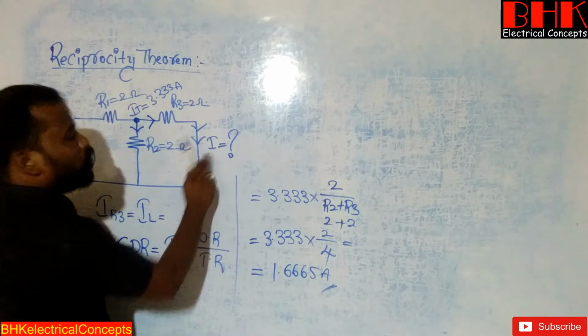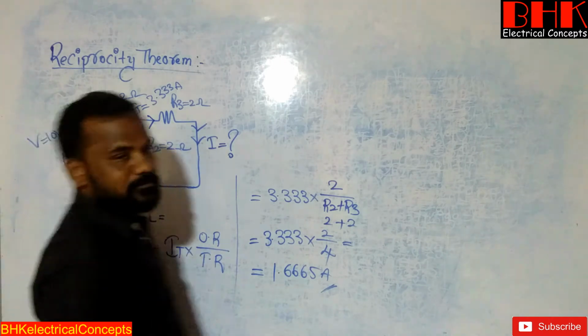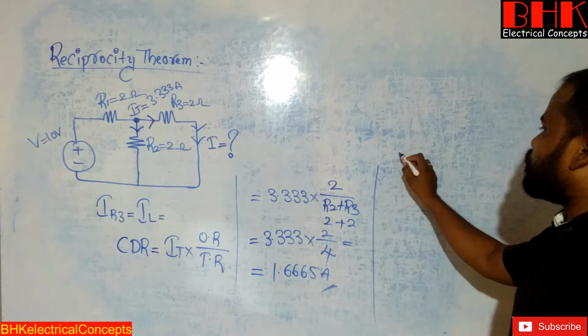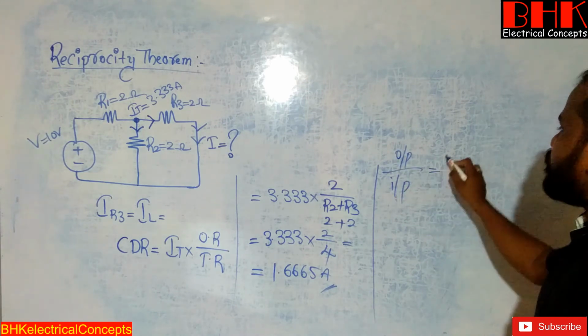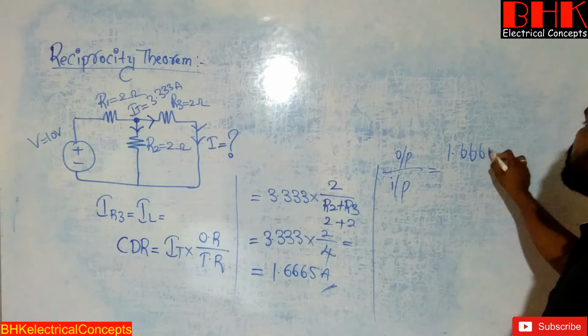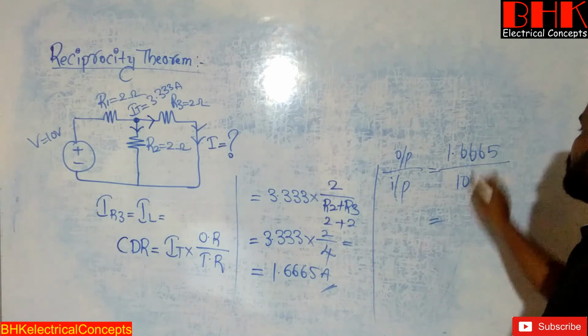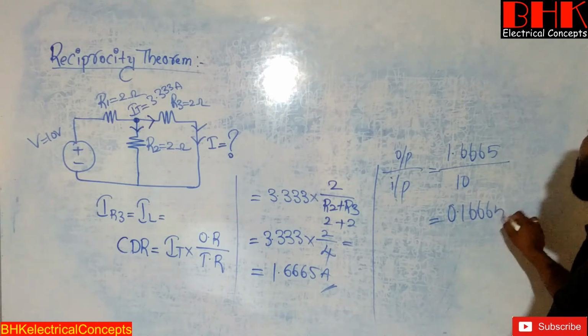So this is the current flowing in the load. Now you know the value of output, you know the value of input. Take the ratio. Now see here, the ratio output divided by input is equal to 1.6665 divided by 10, which is 0.16665.